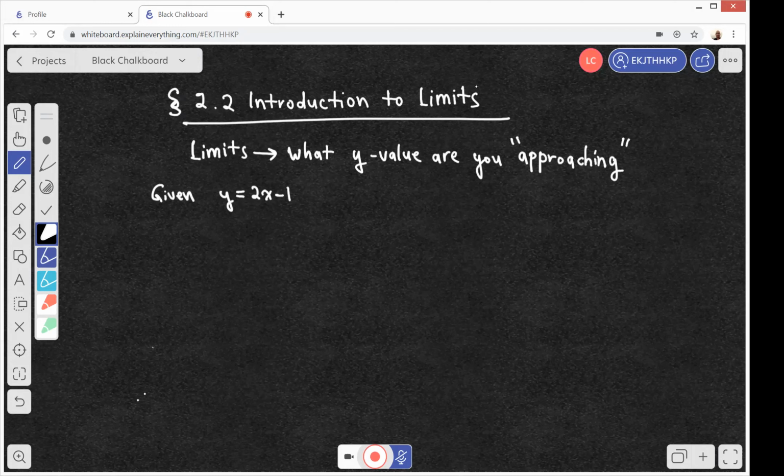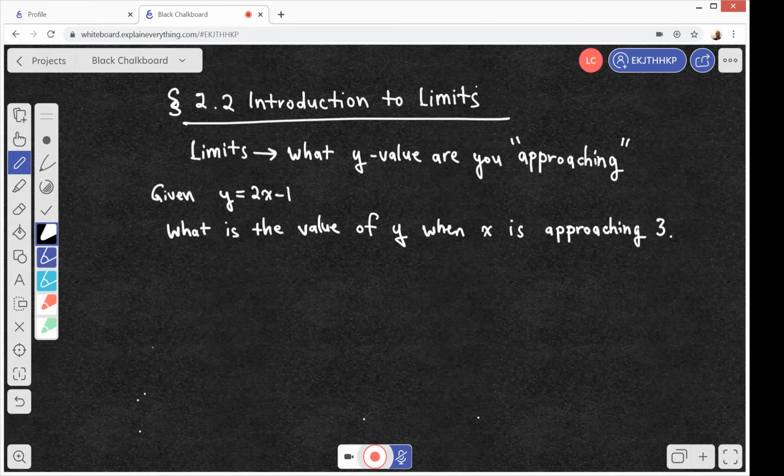And the question is, what is the value of y when x is approaching 3? So that's our question. We're trying to figure out what is the value of y when x is approaching 3.